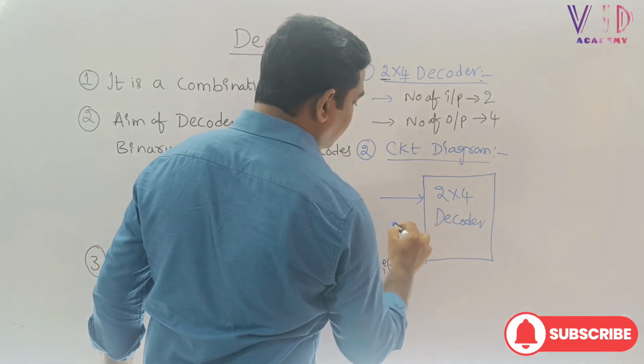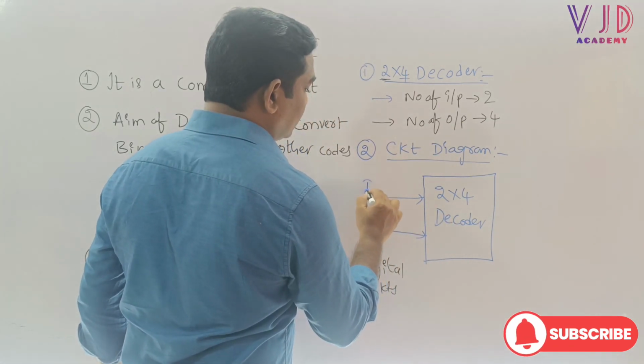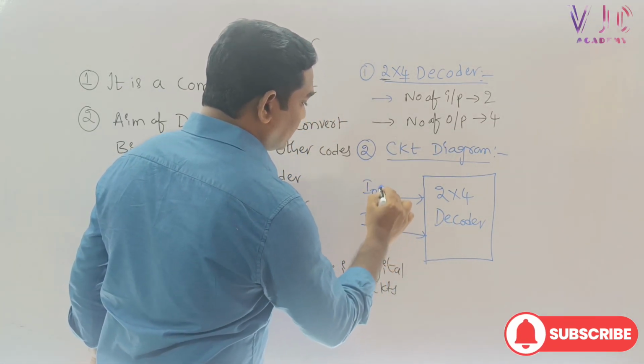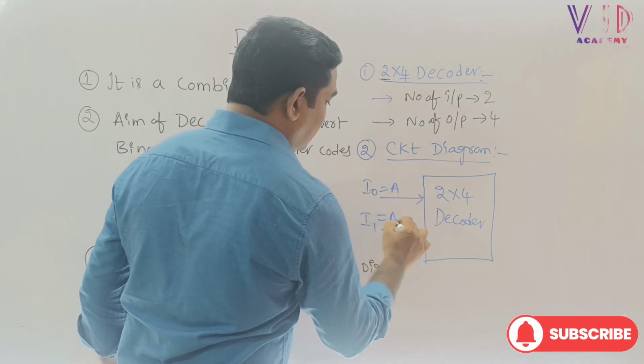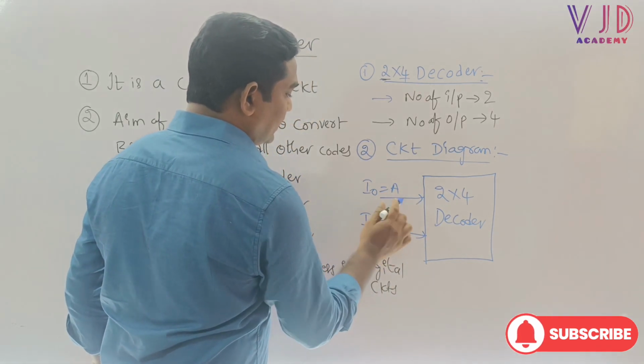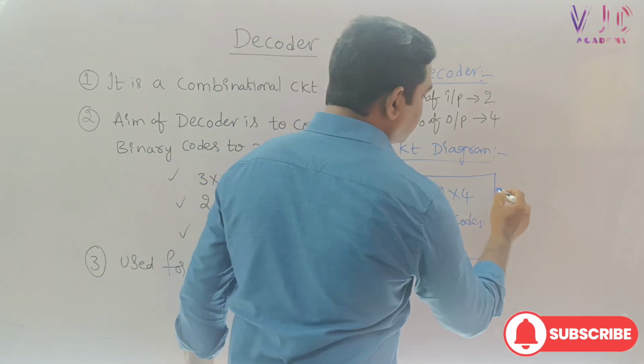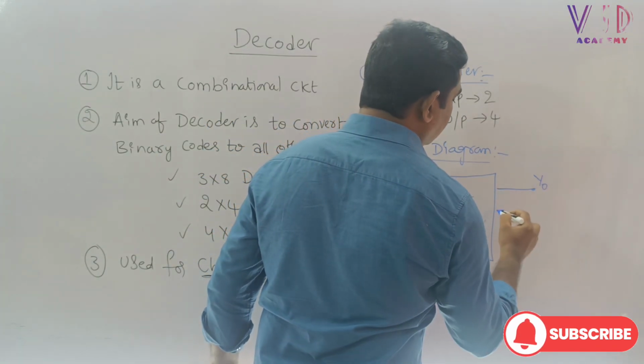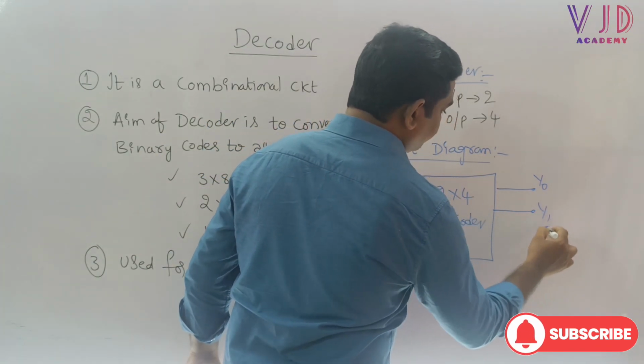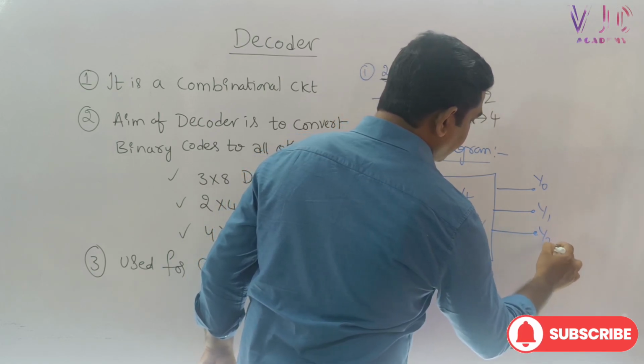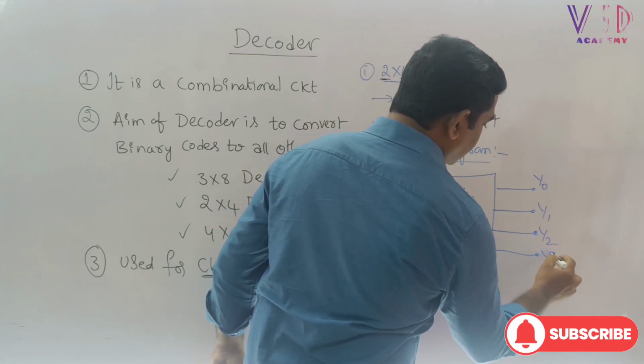The two inputs are, I want to write, I0 and I1, or we can say A and B. And the outputs are Y0, Y1, Y2, and finally Y3.